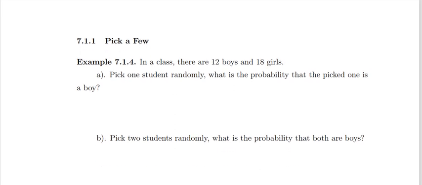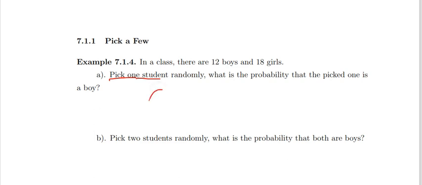Okay, so we say for such a problem, we just can list all cases, then count how many cases here, how many cases there. So we say if we pick a few, not pick 1, pick 2, pick 3, then we can use this way. So now let's consider this. Let's review. Okay, pick one.